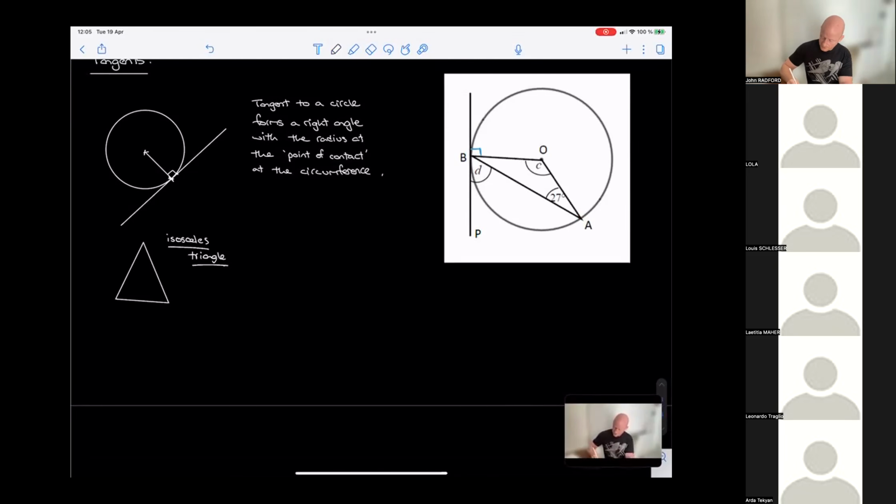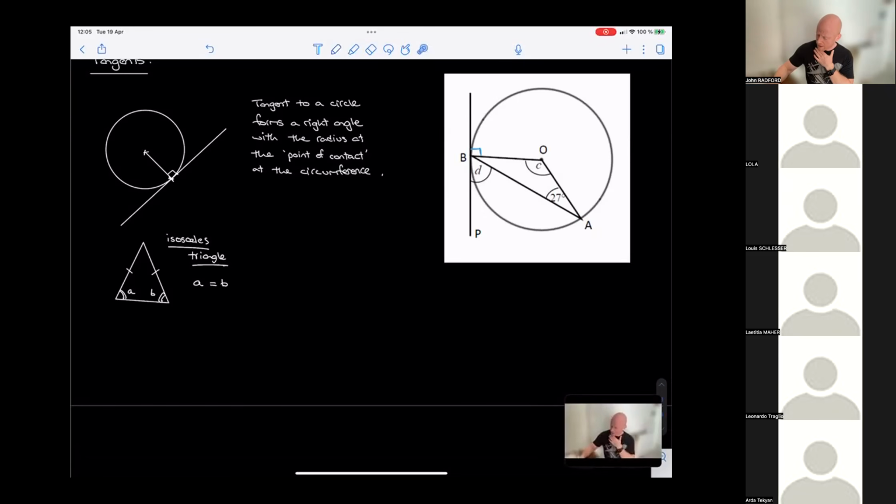It's isosceles if two of the side lengths are equal, and if that's the case, then both of these interior angles have to be equal as well. So if I call that angle A and that angle B, then angle A equals angle B. That's really rather important. We tend to always think of the side lengths, but remember that for an isosceles triangle, the two angles that aren't in between the two equal side lengths are equal. So A equals B.